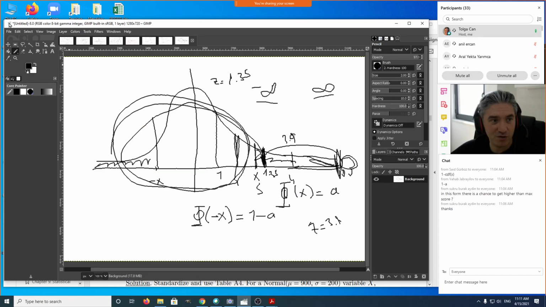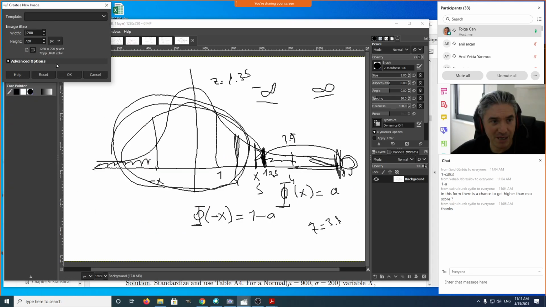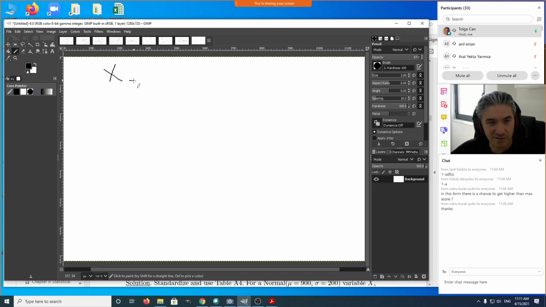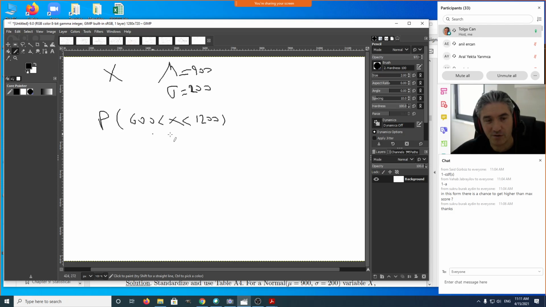Our original income random variable has mean 900, standard deviation of 200.